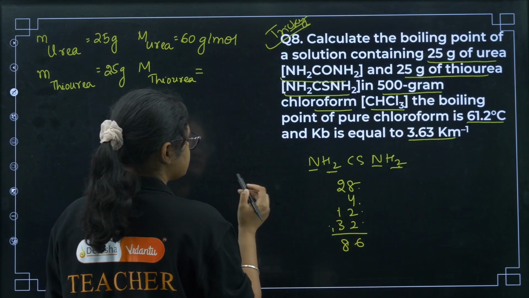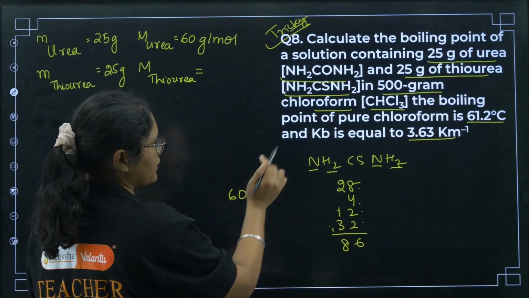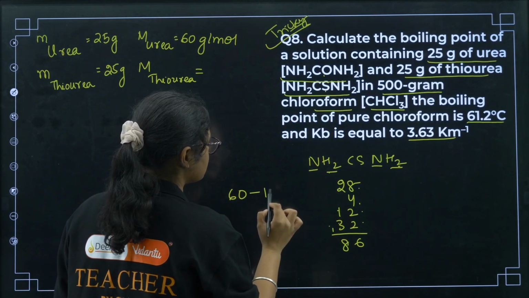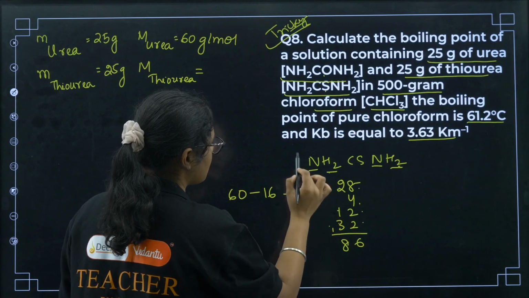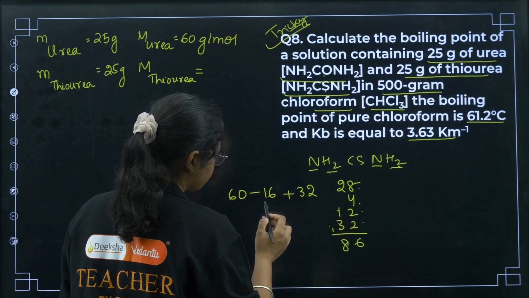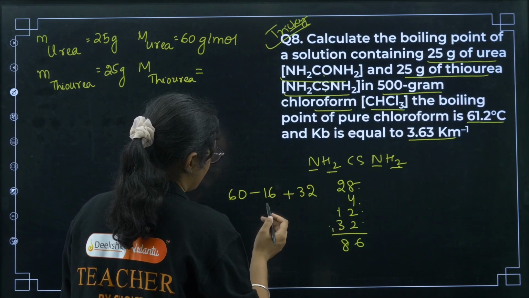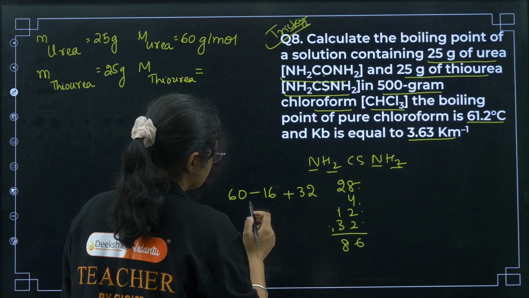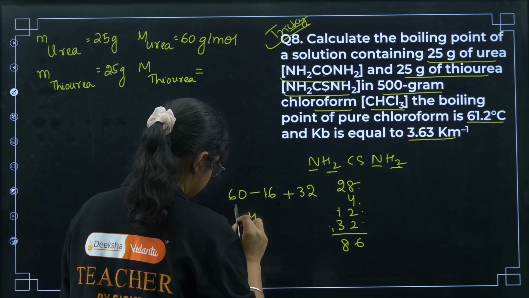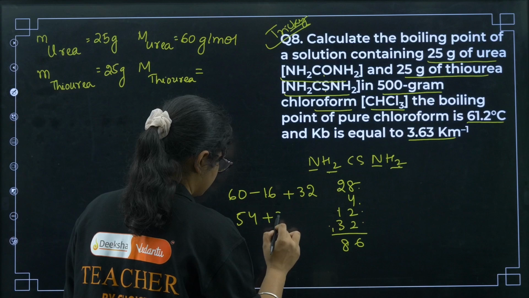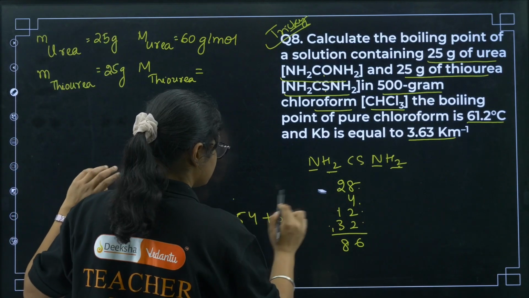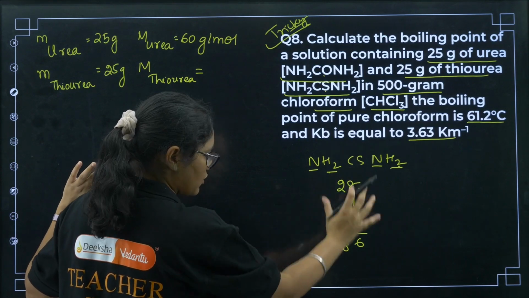Or else we can think like this, 60 gram was the mass of urea, right. Oxygen is replaced with sulfur. So 60 minus the mass of oxygen, 16, plus the mass of sulfur, 32. 60 minus 16 will be 44, and 44 plus 32, yeah, I am getting the same 76. Sorry, the mass is 86, so I was just checking, you can just normally calculate it.